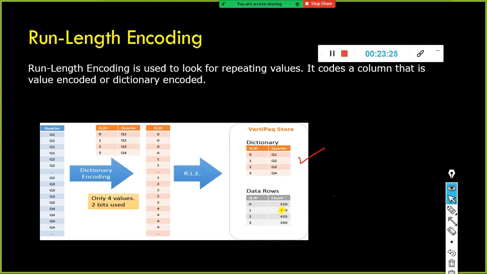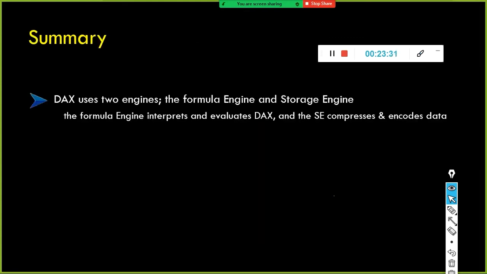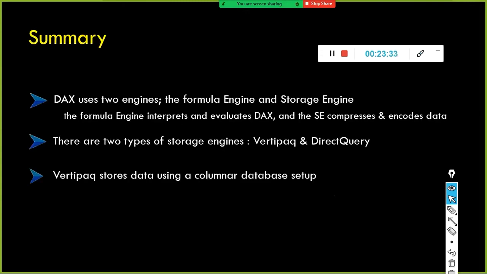So VertiPaq creates a data dictionary, and along with it, it uses another encoding technique, run length encoding. Using these three techniques or algorithms, it encodes your data so that the storage required to store the data in memory is very less. On top, if you compress the data, it will be even less.